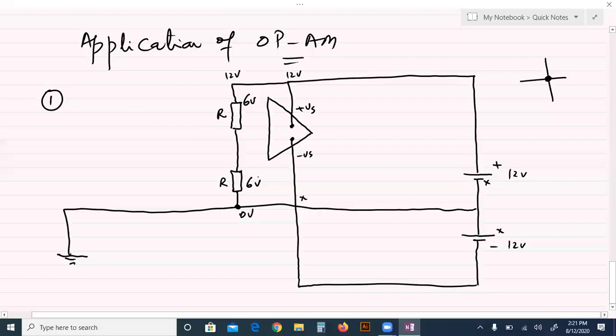For the input, we will connect the non-inverting terminal of the op-amp with this wire here. And one important thing: the voltage across the resistor which is connected with the earth is supplied as input.